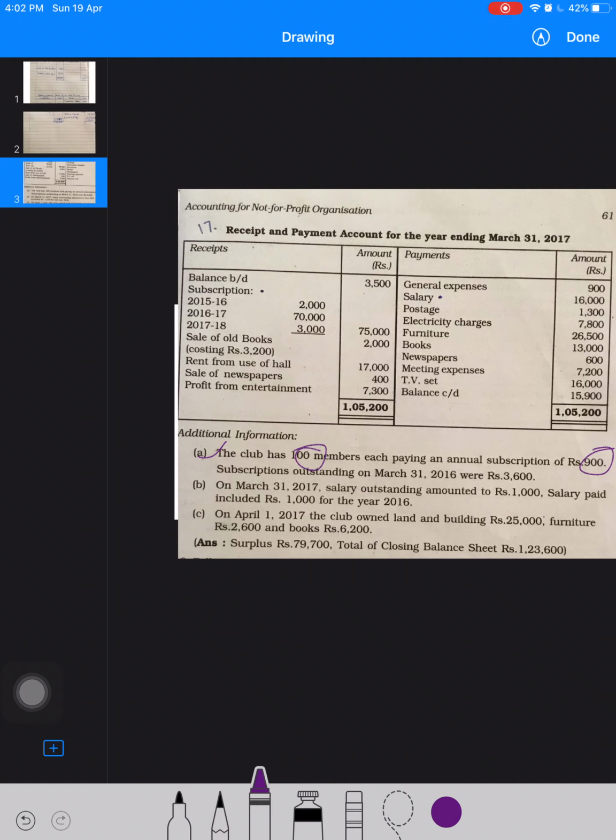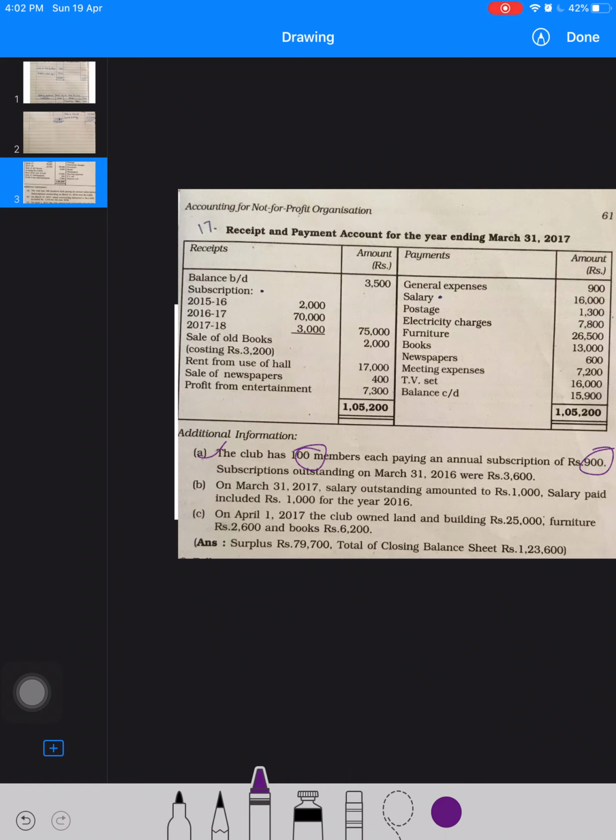So 100 members and they are paying 900. So 100 into 900, that means 90,000 annual subscription a club will receive. Annually it's going to receive a subscription of 90,000.